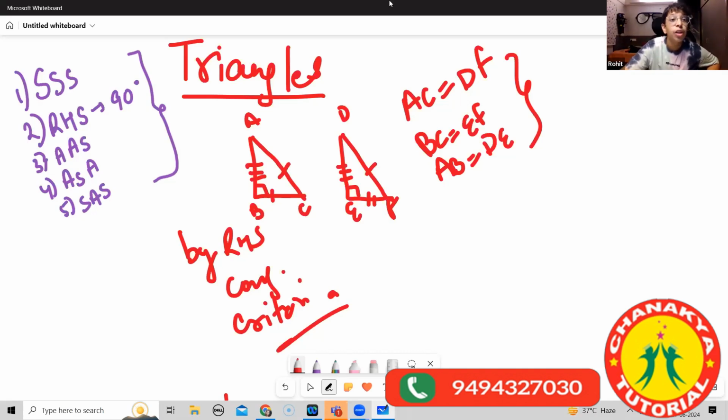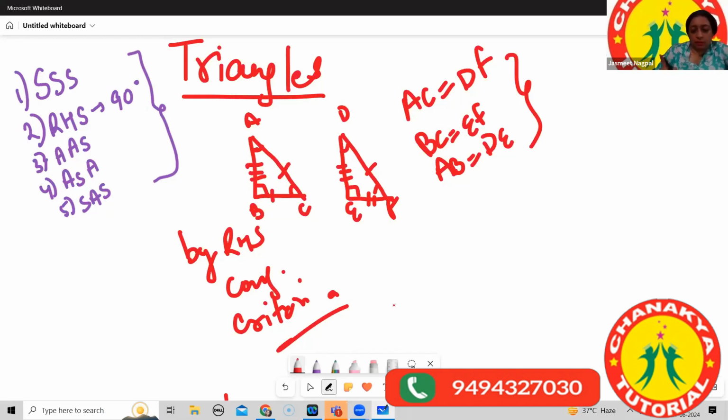Ma'am, left-hand side will also be the same, right? Left-hand side, only sides. Angle also, if you write angle A is equal to angle D, angle C is equal to angle F, and angle B is equal to angle E. Yes, ma'am. For example, I will show you.